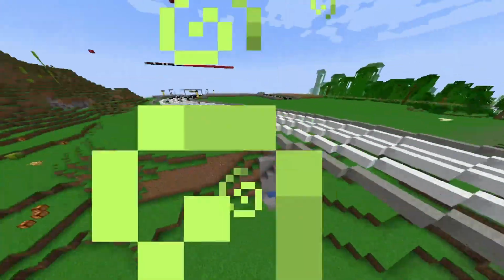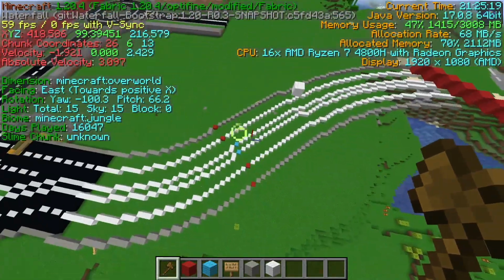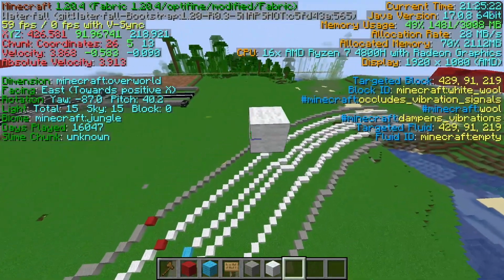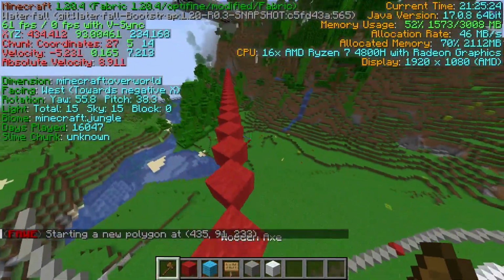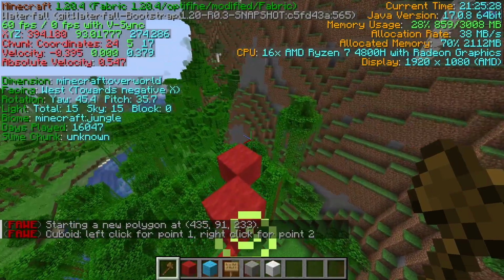The road is here. We made a curve starting from a 45 degrees angle, and that's it. If you have any questions, ask them in the comment section.